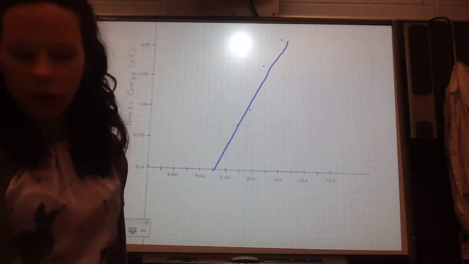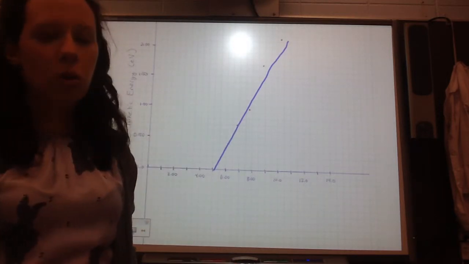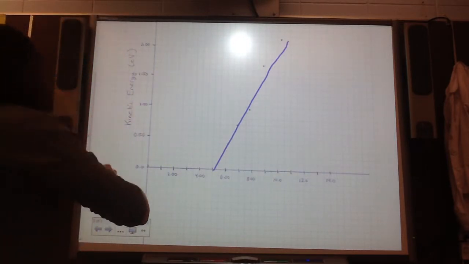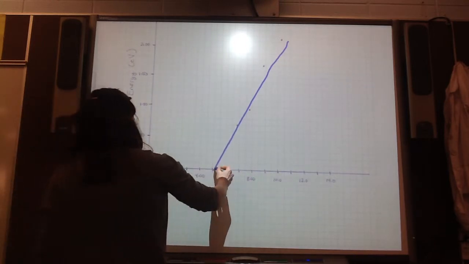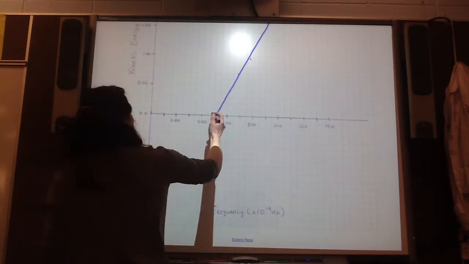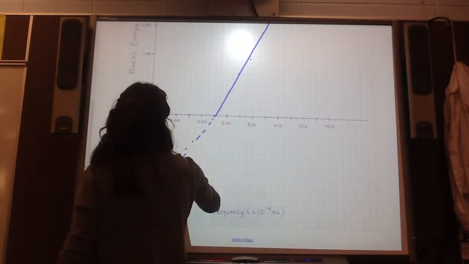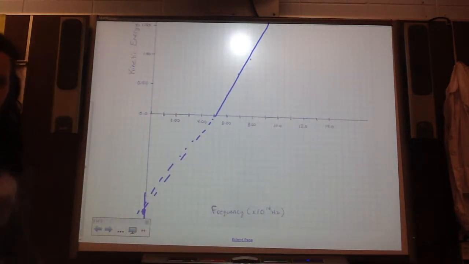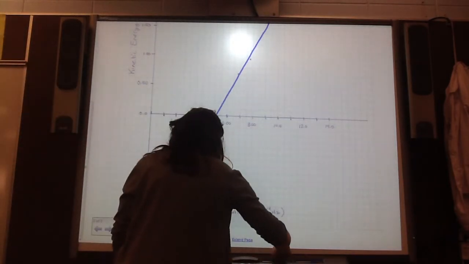Okay, so let's look at our slope, y-intercept and x-intercept and reason what's going on here. I'm going to continue this line down to the bottom, to extrapolate.